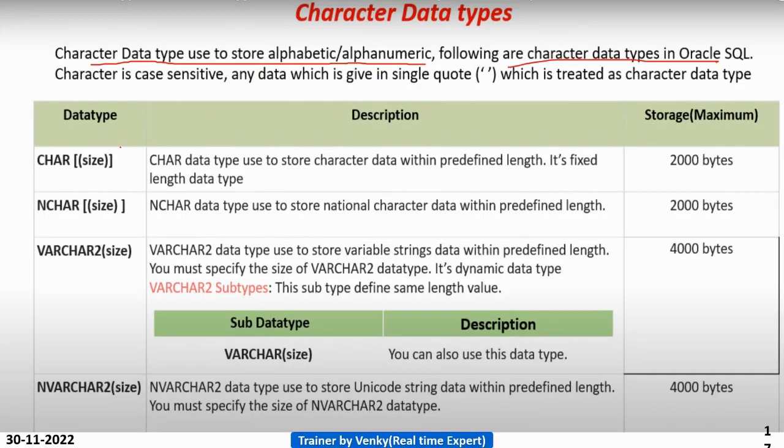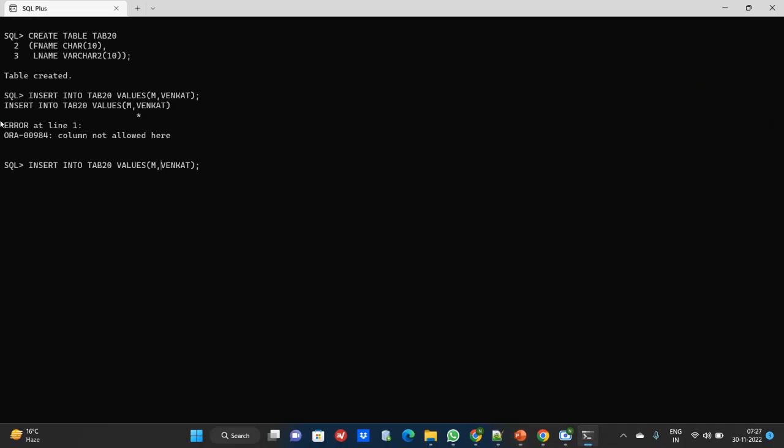Following are the character data types: char, varchar2, varchar. Character is case sensitive. If you give small case, it will store small case. If you give capital, it will store capital. Any data given in single quotes is treated as a character data type.